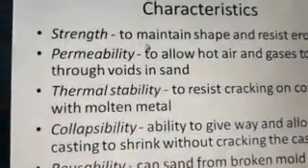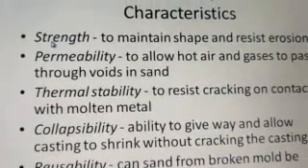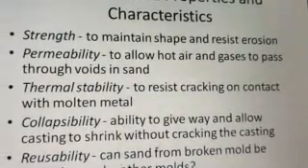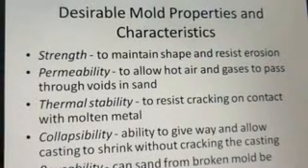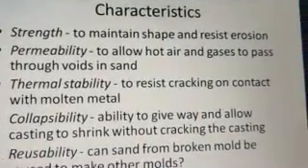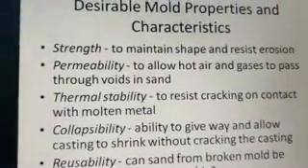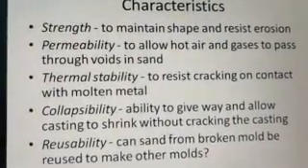One being the strength. Strength for a sand mold is usually given to maintain the shape and resist erosion. Like I said, when you pour water over sand, it leaches out the sand. So if you are using such a mold, your mold will be brittle, and you cannot guarantee that the mold will give out your product in the exact shape.